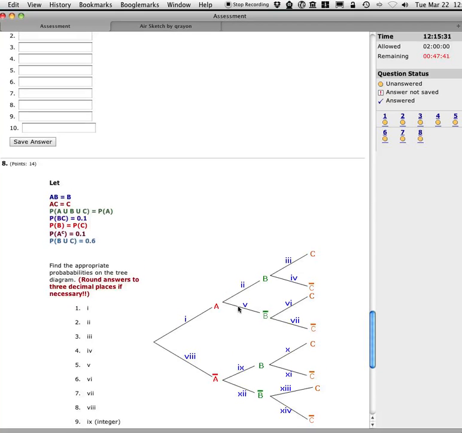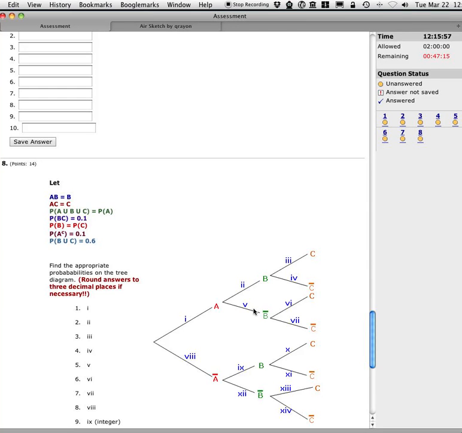The probability of this one is the probability of the complement of B given A. And this is again the probability of A intersection the complement of B over the probability of A.